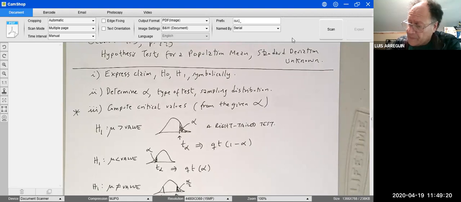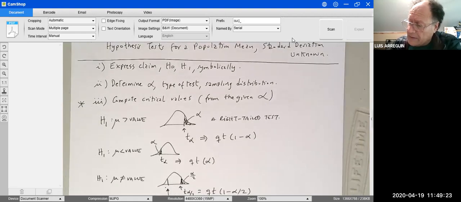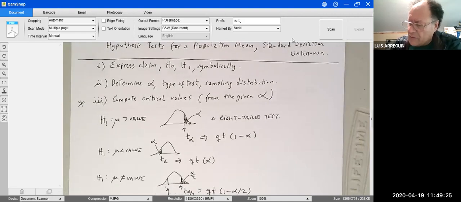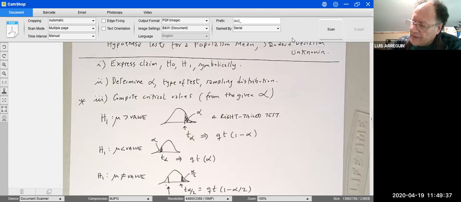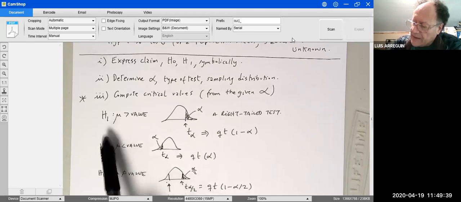Then we have to compute the critical value if we want to use the critical value method. So this is done by using the given alpha value. There are also 3 possible cases.